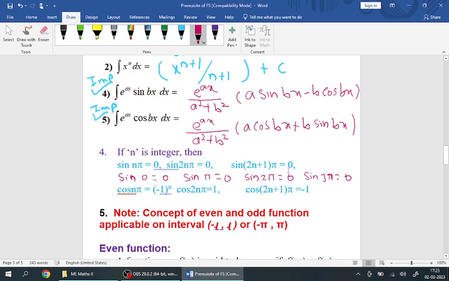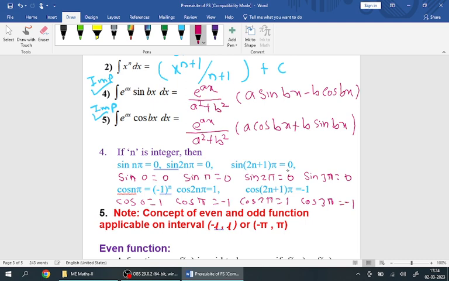But that is not the case for cos, because we already know cos of 0 is 1, cos of pi is minus 1, cos of 2 pi is plus 1, cos of 3 pi is minus 1. So it alternates, cos of 4 pi is plus 1. You will observe when the multiple of pi in cos is odd, that is cos pi, cos 3 pi, cos 5 pi, they are minus 1.